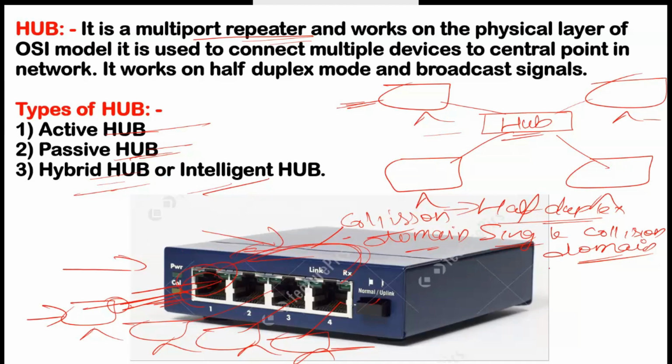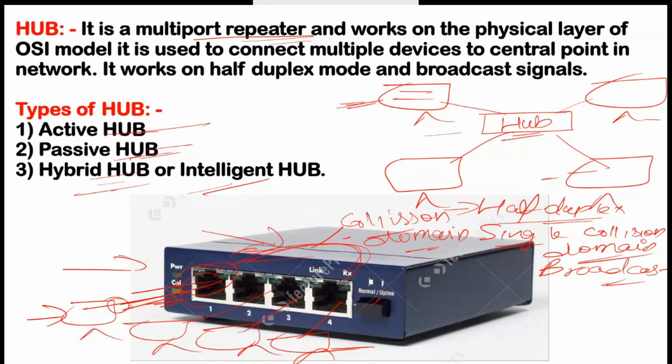And the second thing is that it will broadcast your signal. Broadcast means what? If you send your data from the first PC to the fourth, it will send it to all, and all the PCs can access the data. There is not any security. If the second PC sends data to the third one, the first and fourth can also access that data. Why?